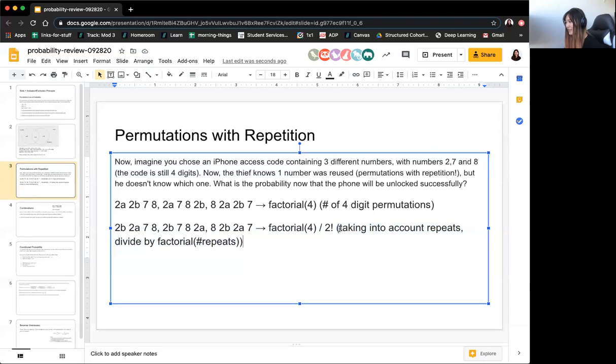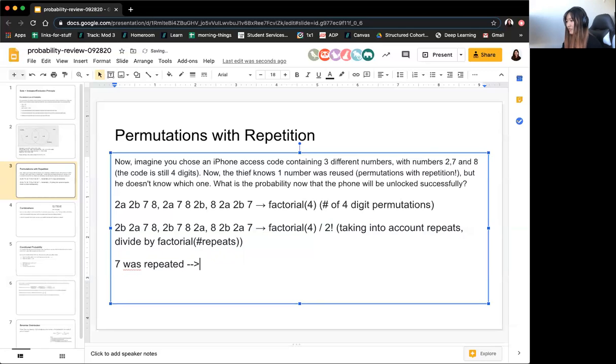So now that we have this step, there's one more step, because here we had the 2 being the repeated digit. Let's think about, what if the 7 was a repeated digit? Factorial 4 divided by factorial 2 is the total number of combinations of numbers with the 2 being repeated. So what if 7 was repeated?